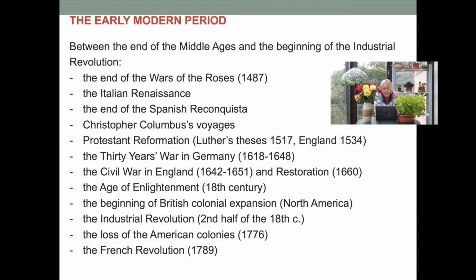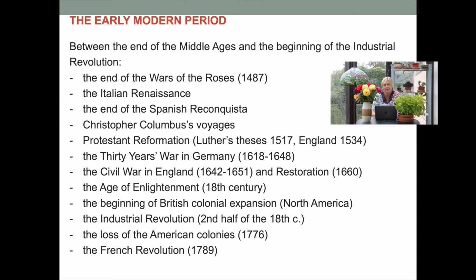And here we have some things that happened not only in Britain but generally in Europe. So that's when the Italian Renaissance happens. The end of the Spanish Reconquista, so they take the Iberian Peninsula back from the Muslims. Christopher Columbus's voyages and geographic exploration. The Protestant Reformation in German-speaking countries.